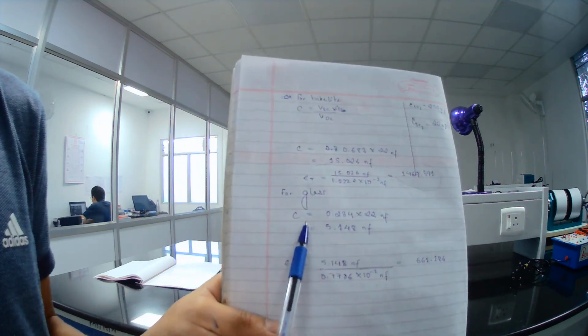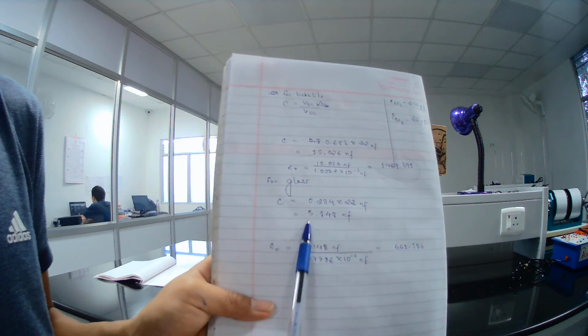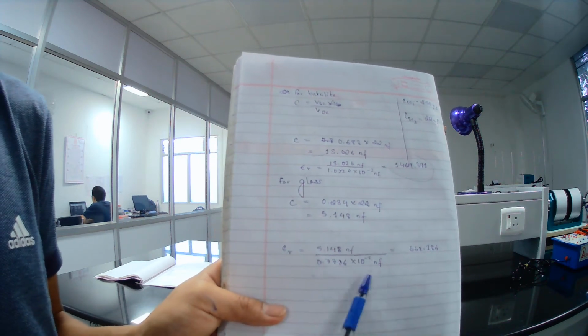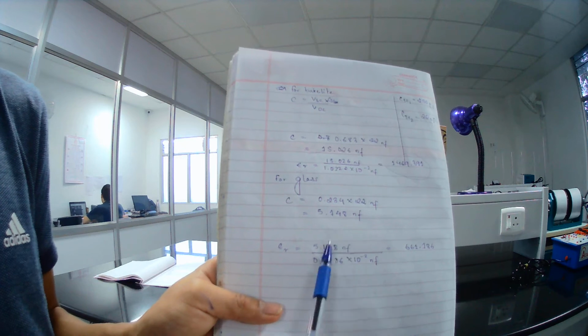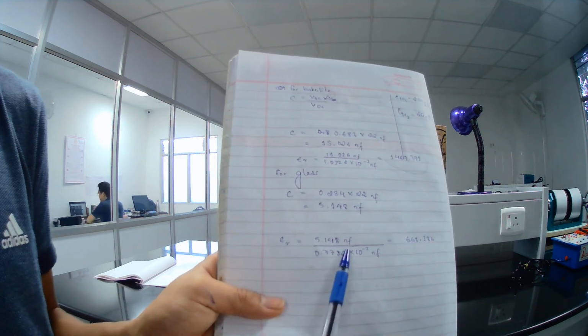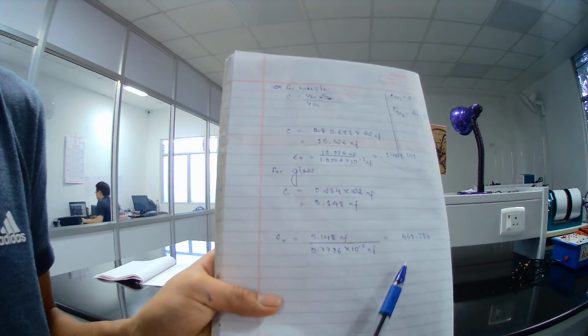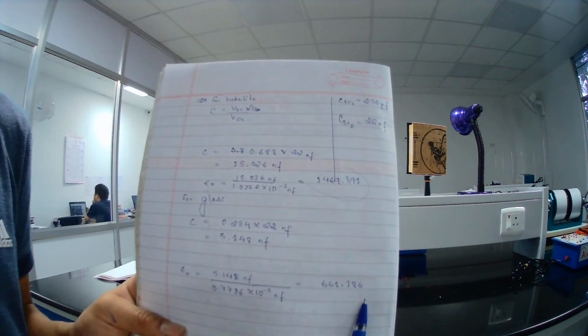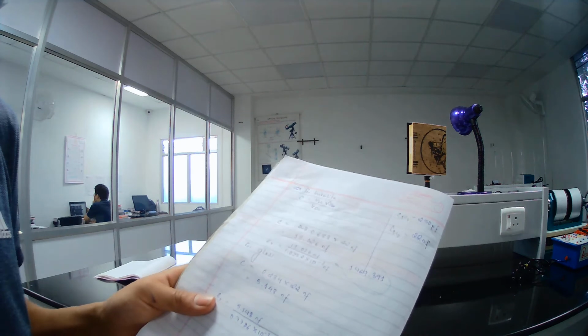For glass we found this 5.148 nanofarad. This is not the value of ER, this is the value of C. And ER from this C we found 80. Again this is a ratio, no unit.